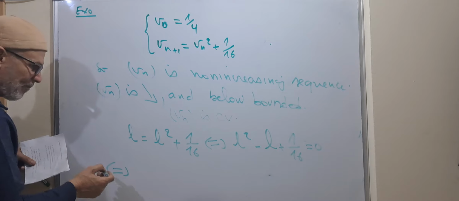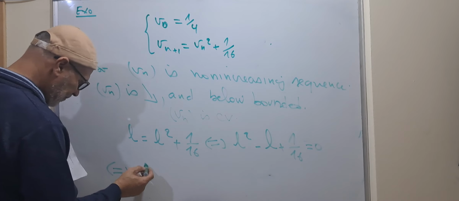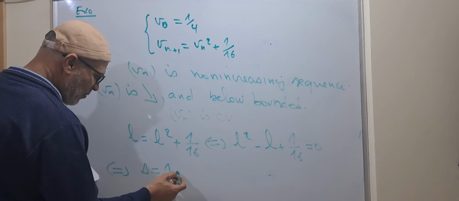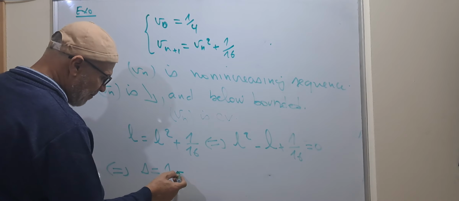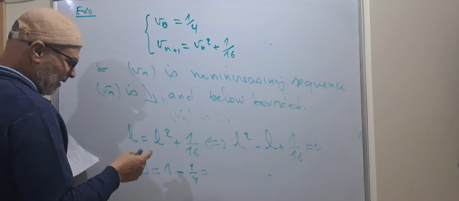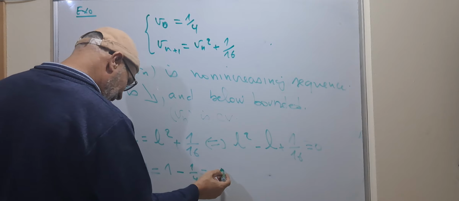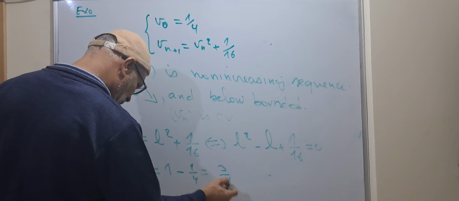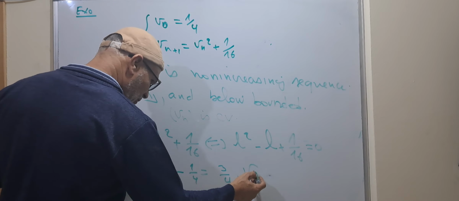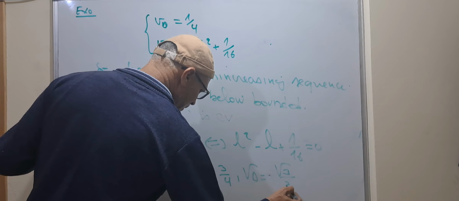This means delta equal to 1 minus 1 over 4, which is 3 over 4. So the square root of delta is the square root of 3 over 2.